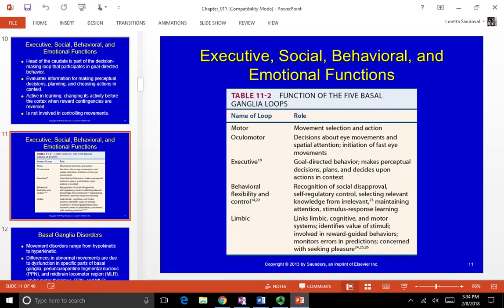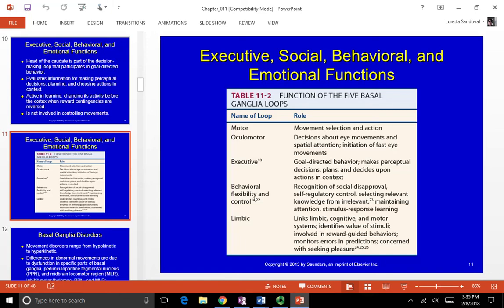Self-regulatory control, so keeping your behavior under normal control. Selecting relevant knowledge from irrelevant, that's really important in a clinical setting, right? We have to sift out what's important and what's not. Maintaining attention and stimulus response learning. And then the limbic loop links emotional, limbic, cognitive, and motor systems. It identifies the value of stimuli.